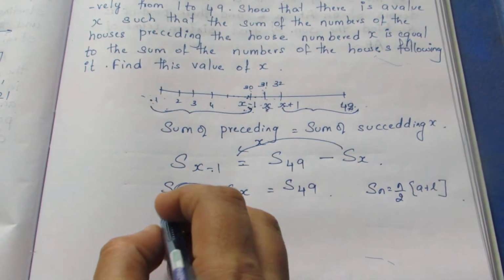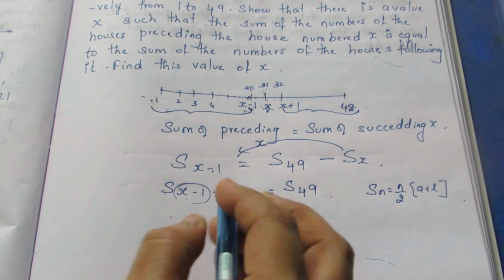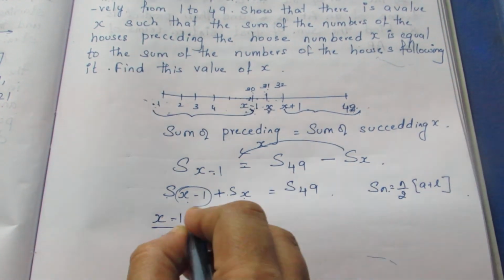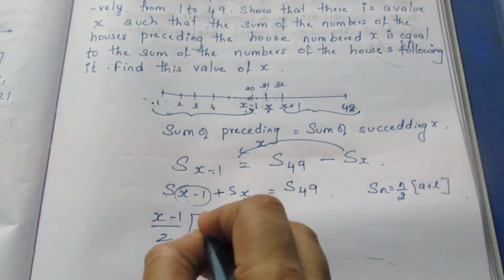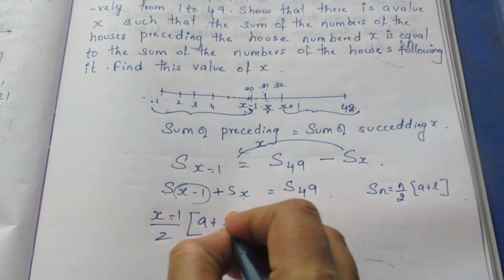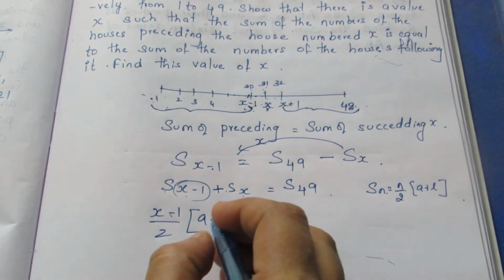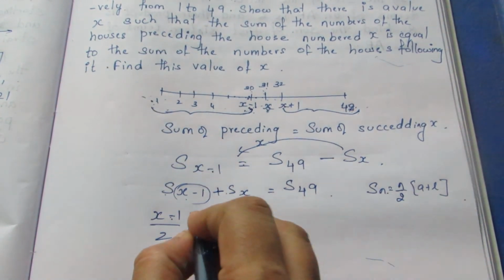So for this I can write n by 2, which is x minus 1 by 2, into a plus l, that is 1 plus x minus 1.